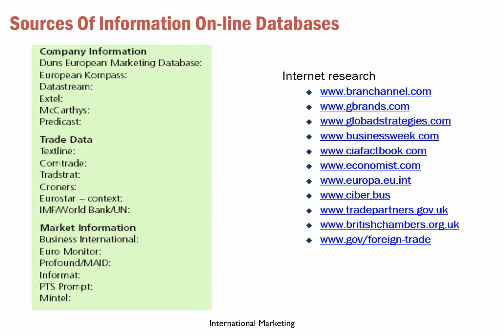Now also you can have different publications, company information systems, databases, market information sources like Business International, Euromonitor, Informat, Mintel. These are some of the companies who conduct specific market research. So these companies will have a lot of secondary data that you may be able to use in your desk research.